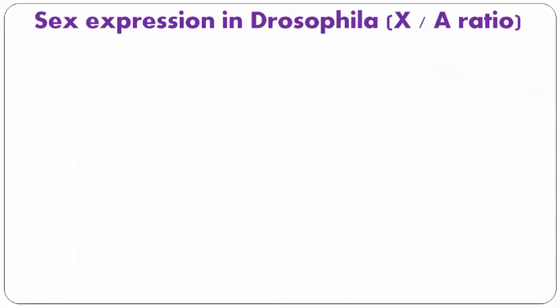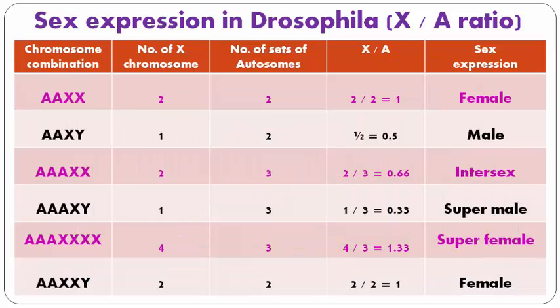Now we'll consider the sex expression in Drosophila based on X to A ratio. Alternatively, we can determine the sex of a fly by finding out X to A ratio, that is number of X chromosome to number of autosome sets, and hence we'll observe the table written here with 5 columns.